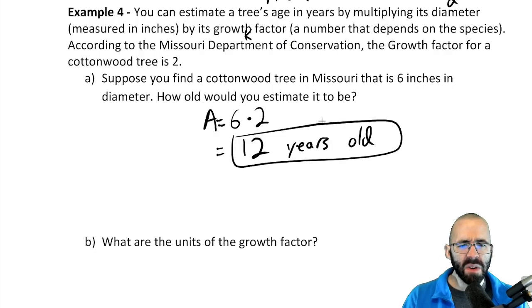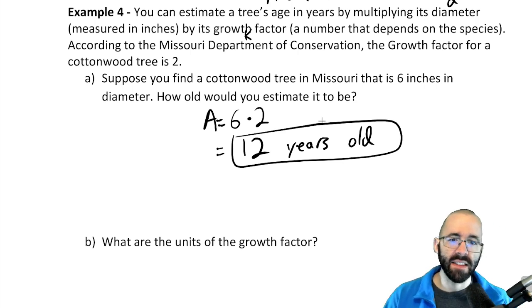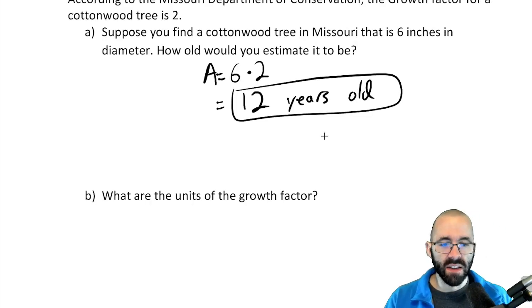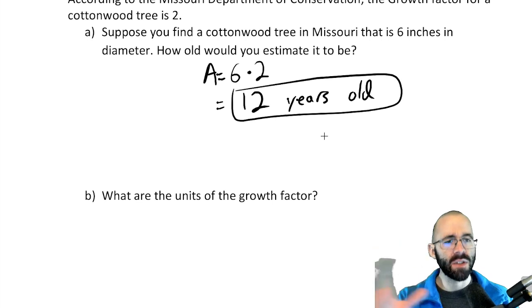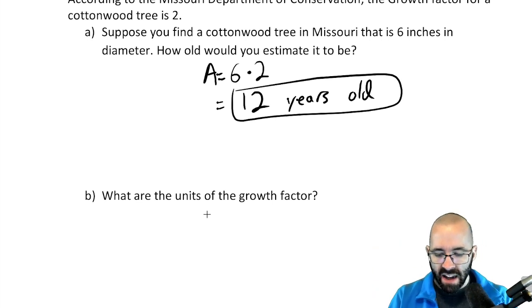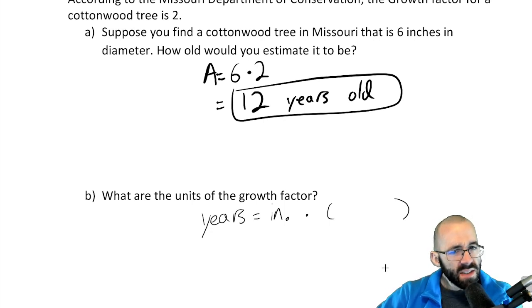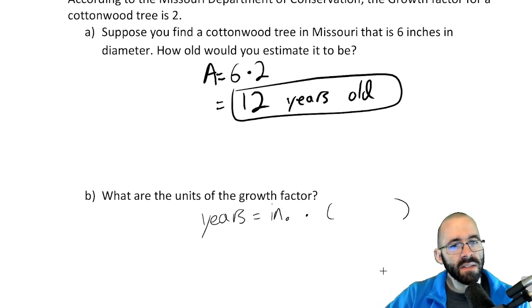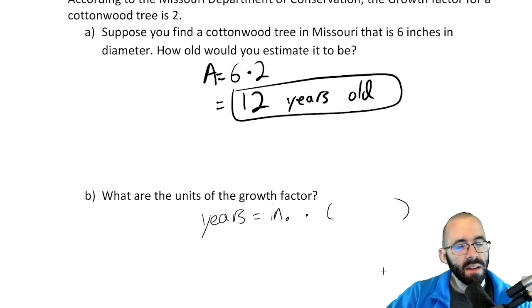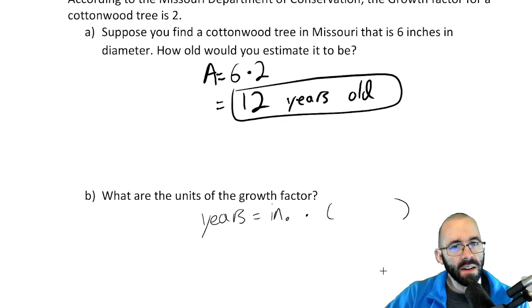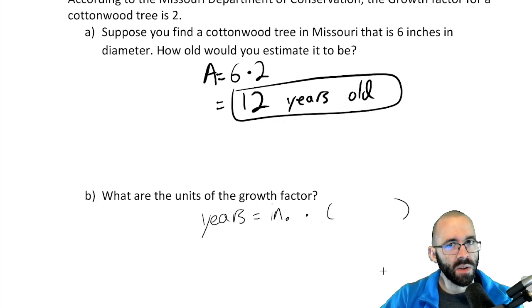Letter B says, what are the units of this growth factor? Now, there's a couple of ways of seeing this. One of the ways, and this is a very chemistry point of view, is that age, which is in years, is equal to the diameter in inches times the growth factor. What does the thing in parentheses have to be so that the equation holds true?